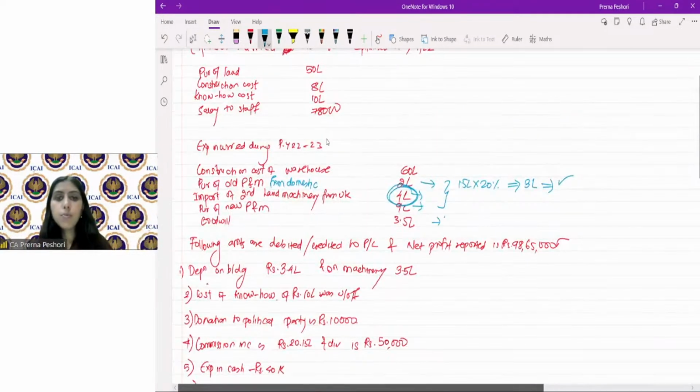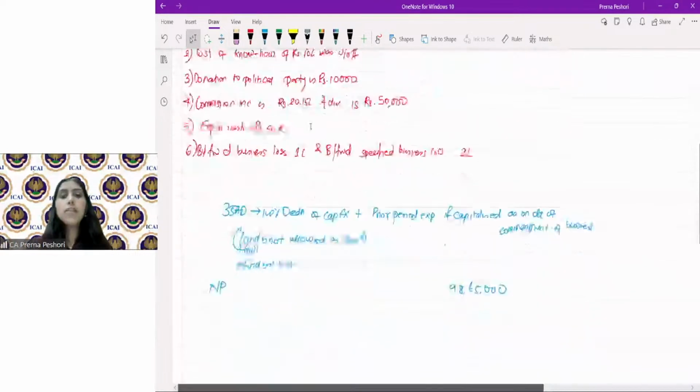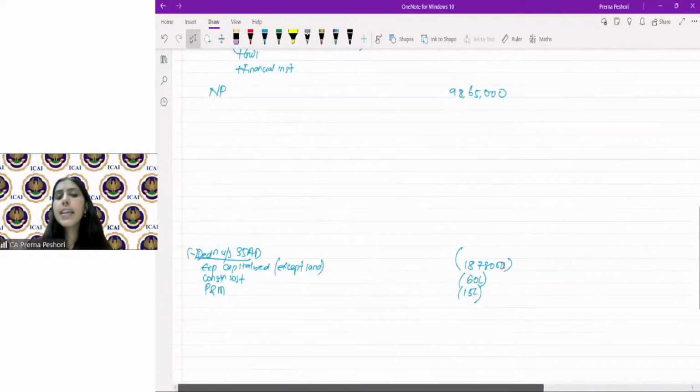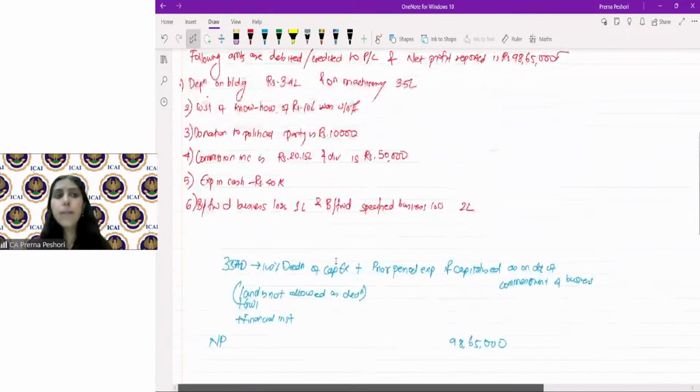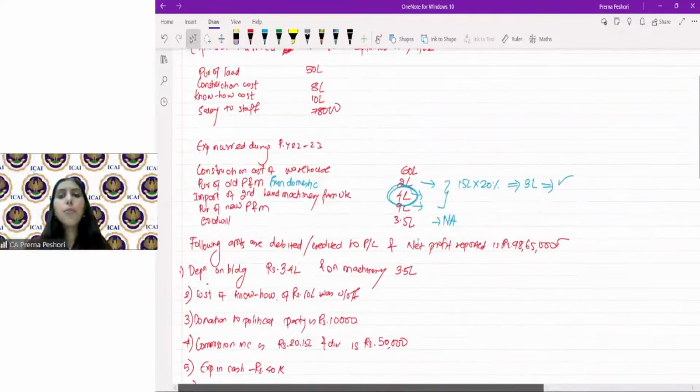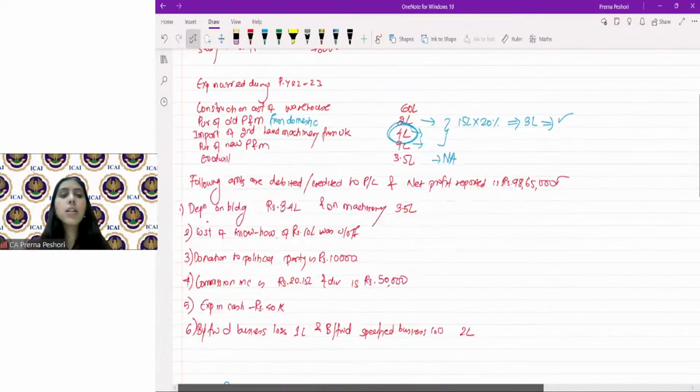So this will not be allowed. Okay. So my 35AD deduction is 18,78,000 plus 75 lakh, 60 lakh plus 15 lakh. Fine. Now profit is 98,65,000. Depreciation on building and on machinery is 3.5 lakh.